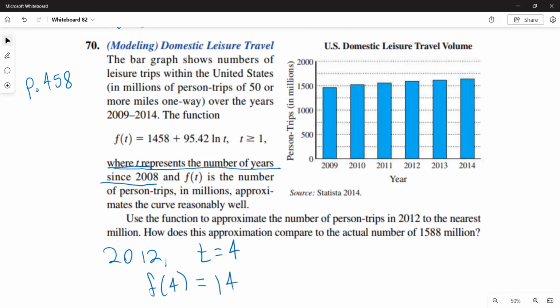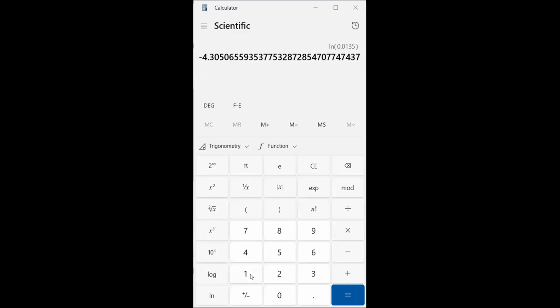This is 1,458 plus 95.42 times the natural logarithm of 4. Okay, let's evaluate. On the calculator, this is 1,458 plus 95.42 times the natural logarithm of 4. And that's about 1,590.28.